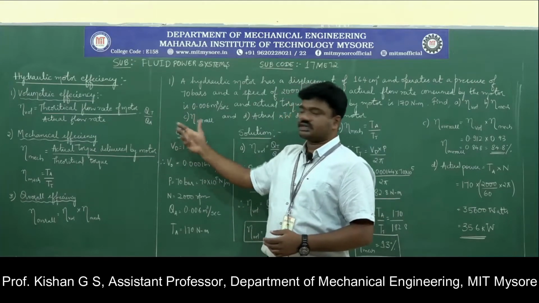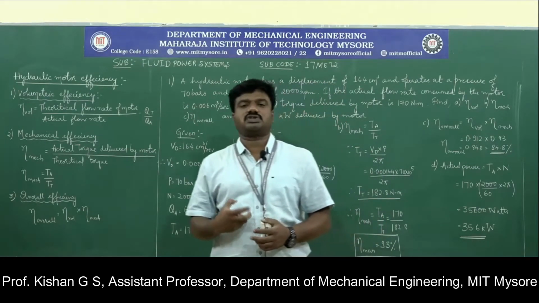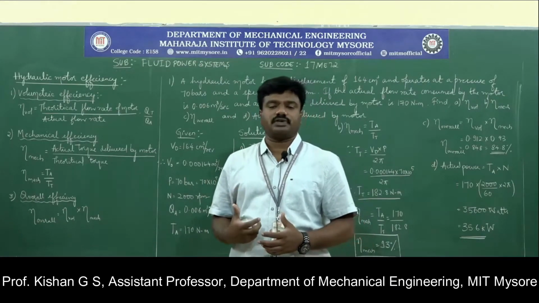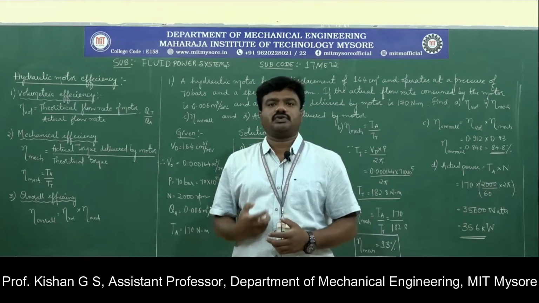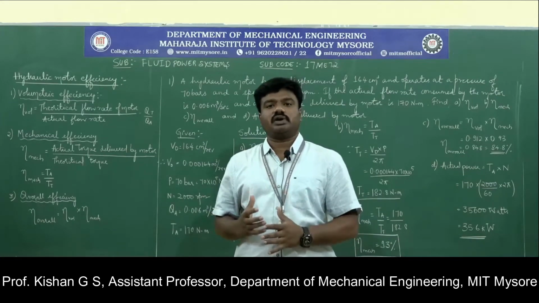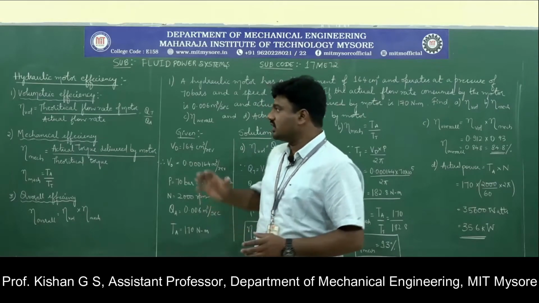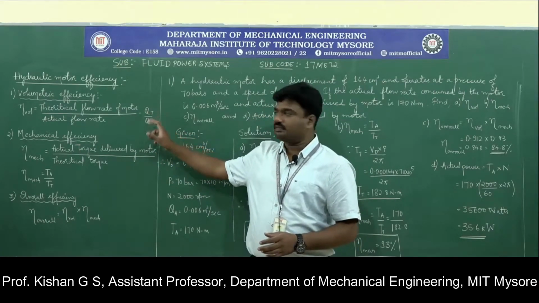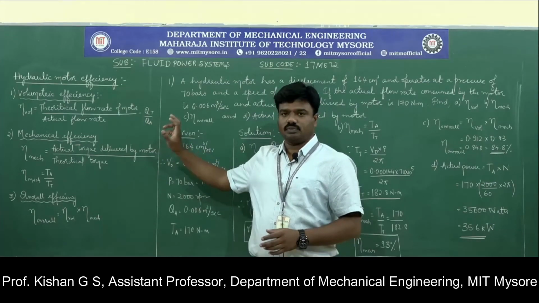See, the value differs from the case of the pump here, because of the working principle. So we define the efficiency based on the working principle here. So please never confuse the equation of volumetric efficiency of pump with that of volumetric efficiency of motor. Okay, so here it is theoretical flow rate of the motor divided by the actual flow rate of the motor.